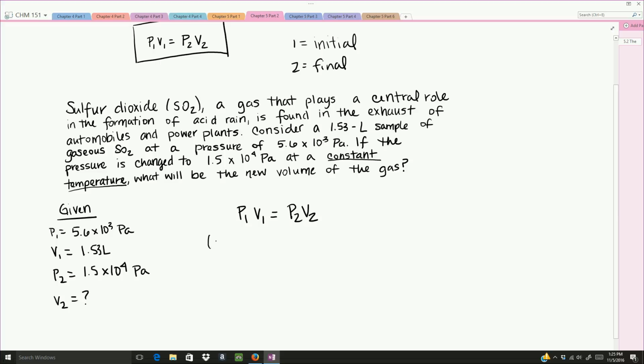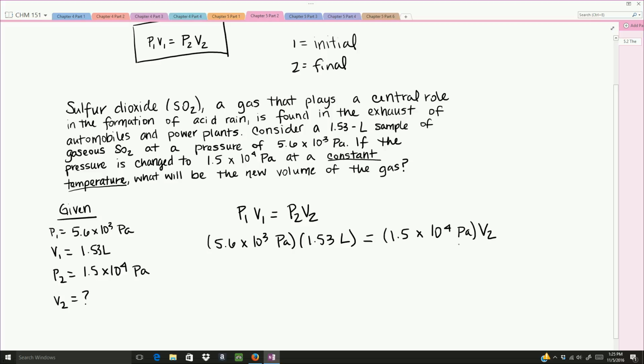P1, 5.6 times 10 to the third Pascal, times V1, 1.53 liters, equals P2, which is 1.5 times 10 to the fourth Pascal, times V2. We're going to solve for V2.